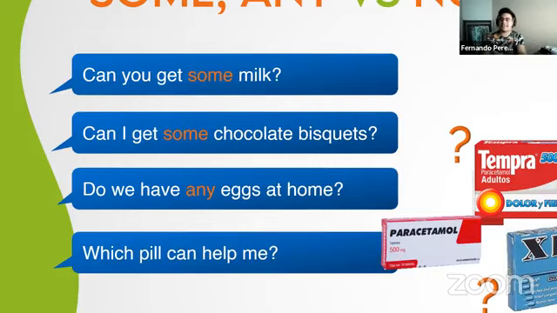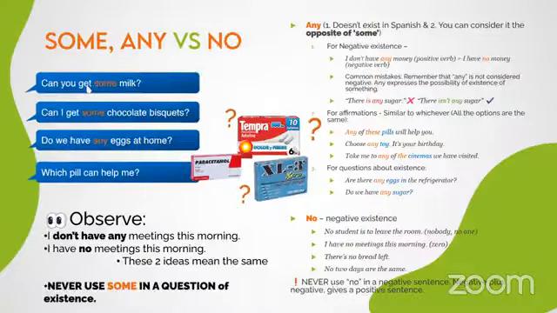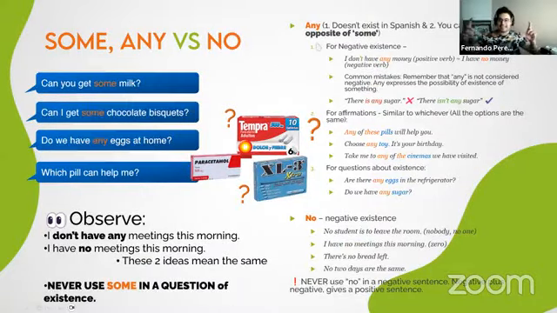Can you please get some milk? You need to understand the sentence. It's not only can, you need to be sure. If you are sure about the existence, use some. If you are not sure about the existence, use any.